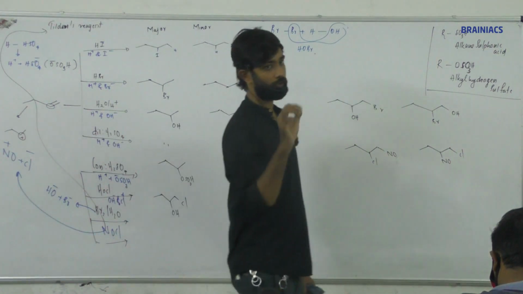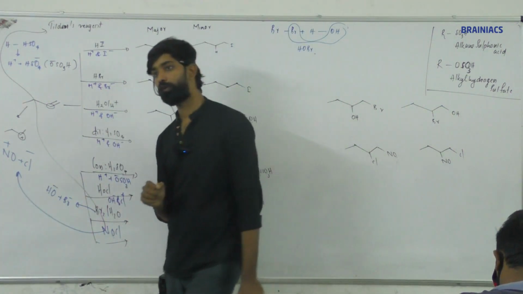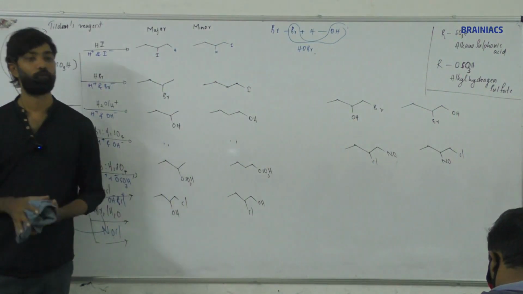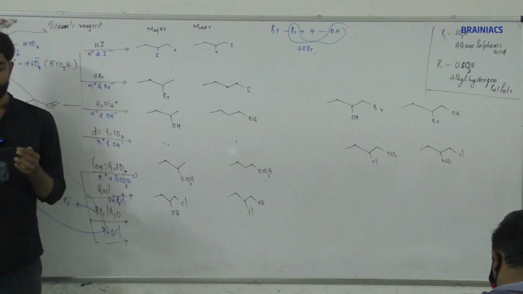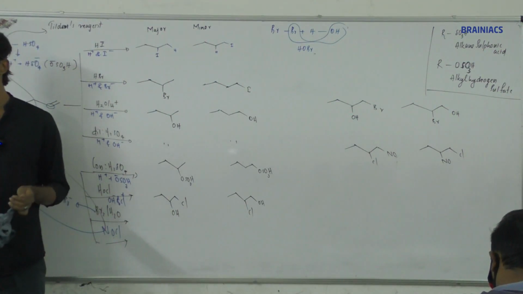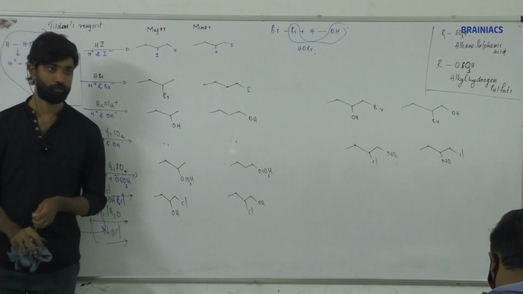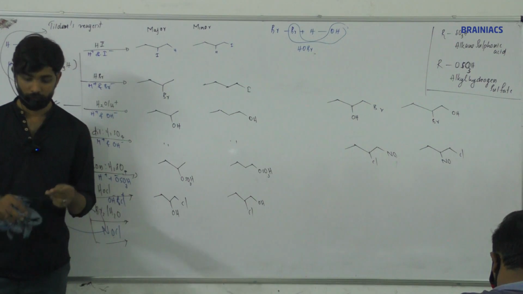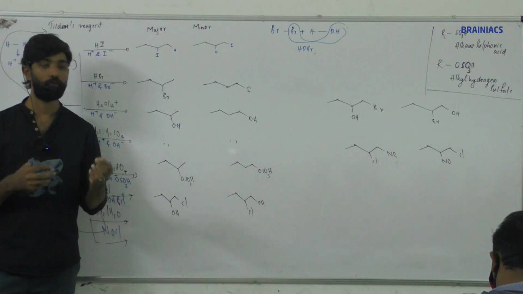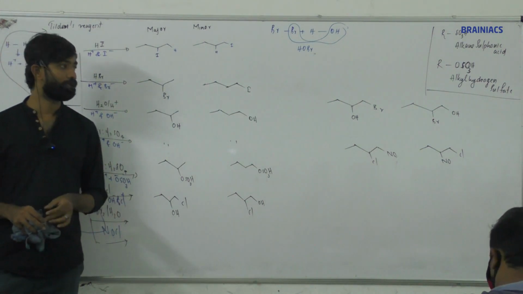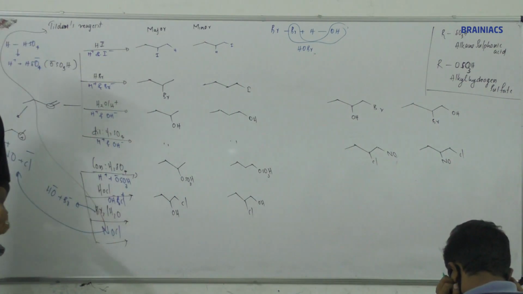There are three possibilities for anti-Markovnikov addition. The first one is in presence of peroxide. The second one is hydroboration oxidation, the preparation of alcohol from alkene. And the last one is the presence of an electron withdrawing group.